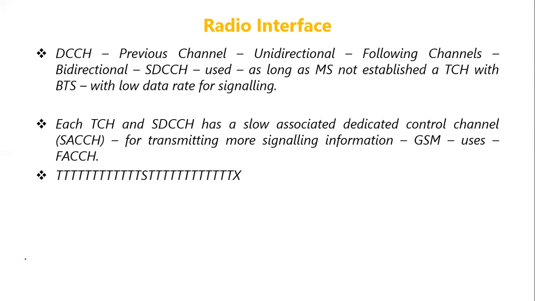So the point is every TCH and SDCCH has a slow associated dedicated control channel, which is used for exchanging system information such as channel quality and signal power. If more signaling information has to be transmitted and a TCH already exists, then GSM will use something called FACCH, which is the fast associated dedicated control channel.